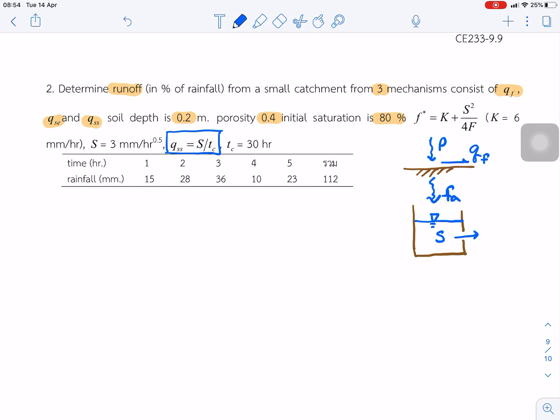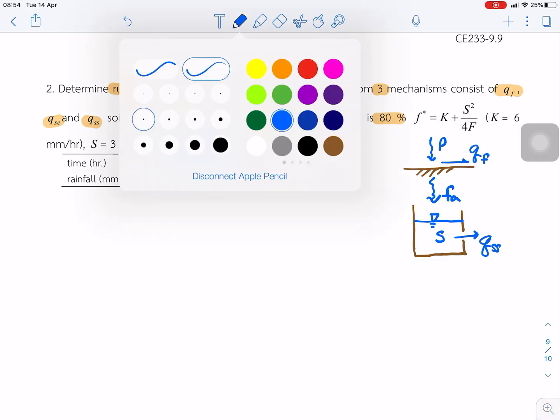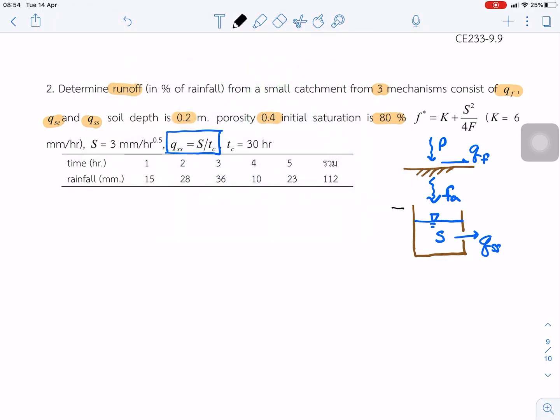At the bottom of the soil, water is released as QS, the subsurface runoff. The size of the storage capacity is SB.